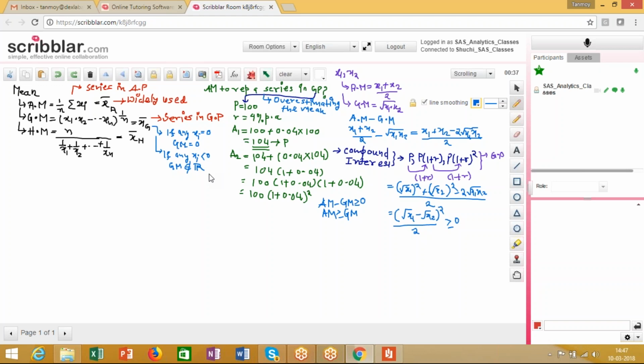So the geometric mean will become an imaginary value, because generally if we have, say, a root of a negative value, say minus 0.05, this is an imaginary value.